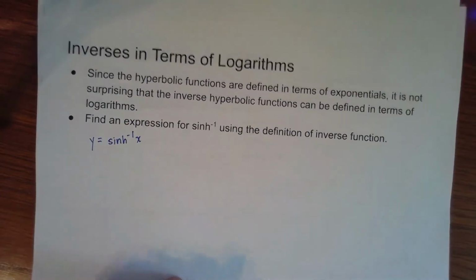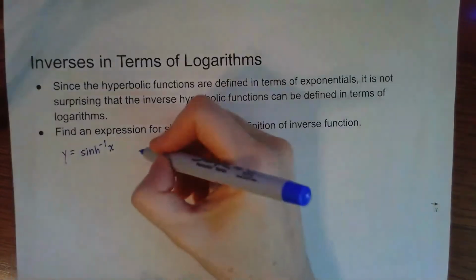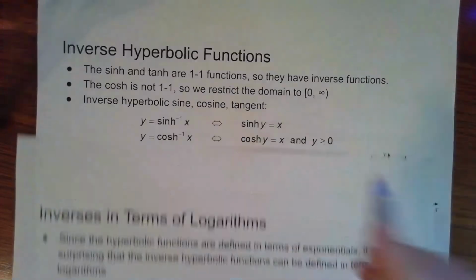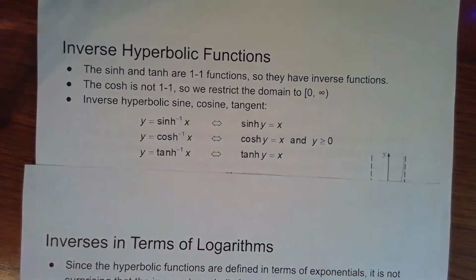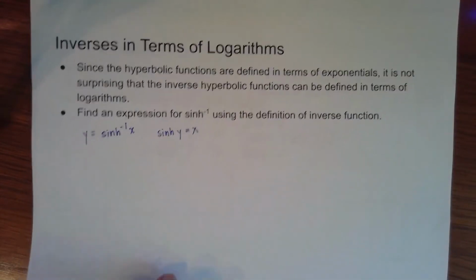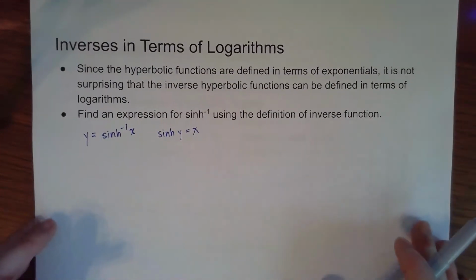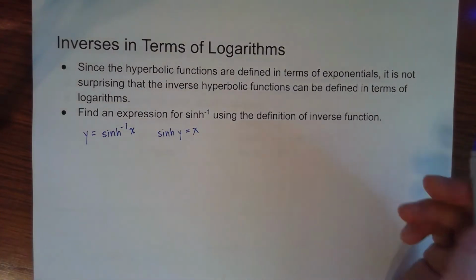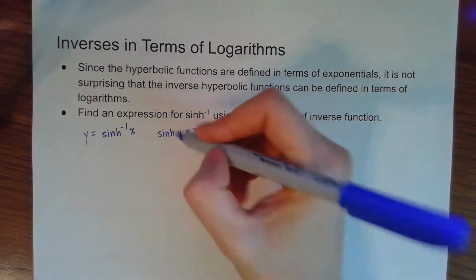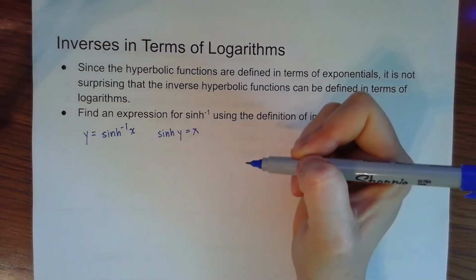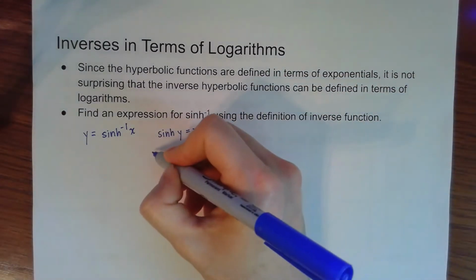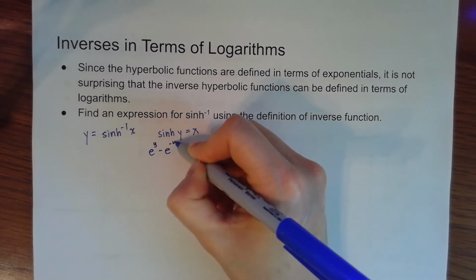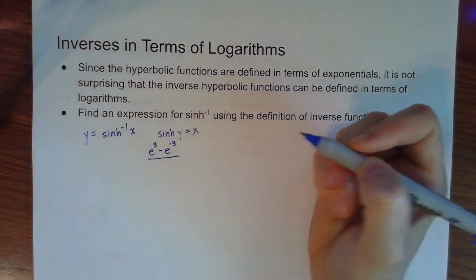By definition, that means that the hyperbolic sine of y is equal to x. That's what the inverse hyperbolic sine means. So we can replace the hyperbolic sine of y with its definition, which is e to the y minus e to the negative y, over 2.